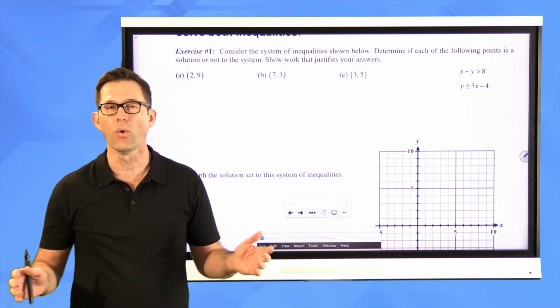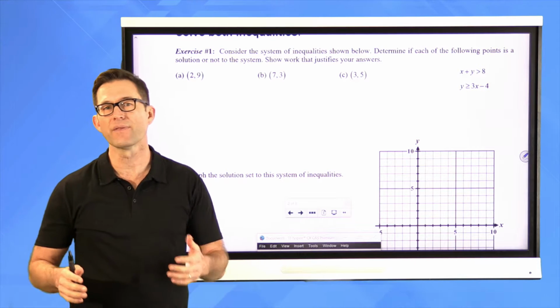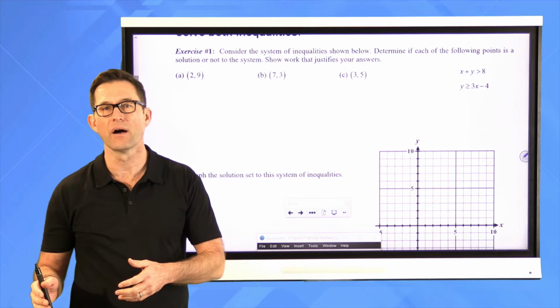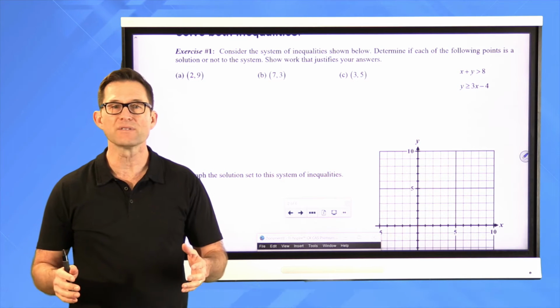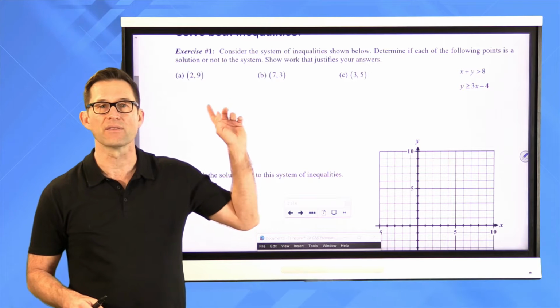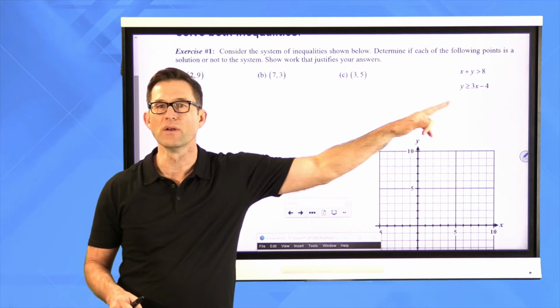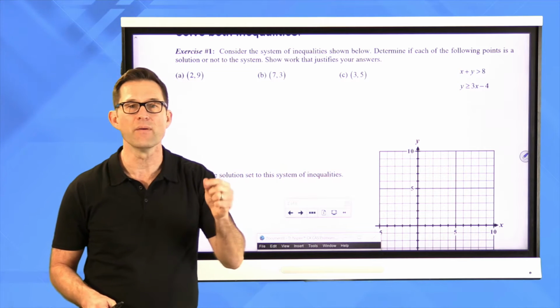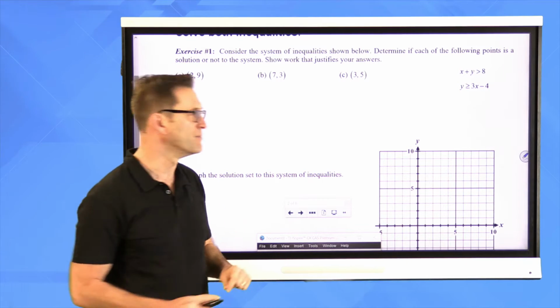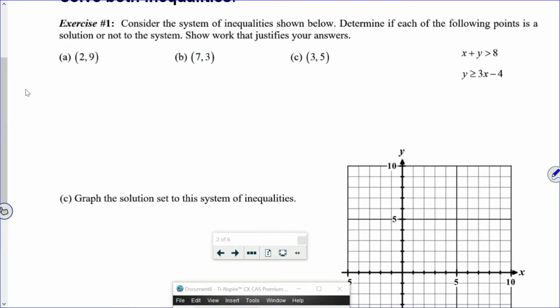All right, cool. Well, let's do the first point together and then have you do B and C on your own. So just like with systems of equations, what I want to do is take the point (2, 9), substitute it into this inequality, substitute it into this inequality, and see if it makes both of them true. All right, so let's do it. Simple enough, right? For the first one, I've got 2 plus 9 is greater than 8. 11 is greater than 8.